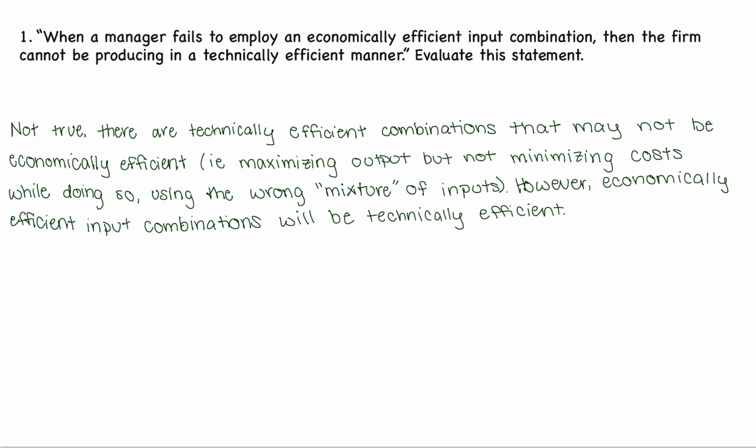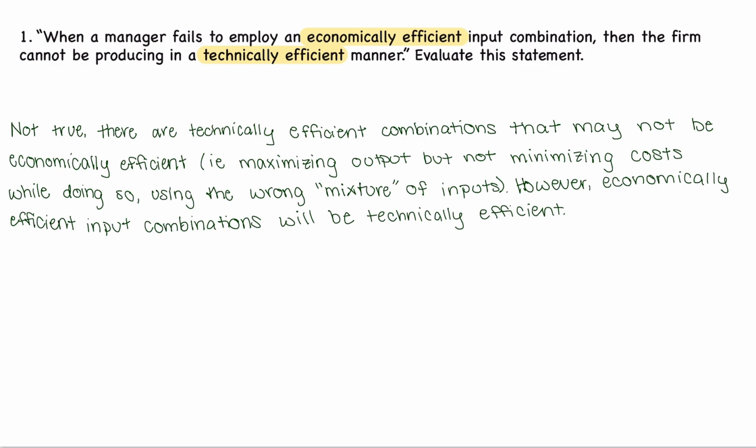So the first one says when a manager fails to employ an economically efficient input combination, then the firm cannot be producing in a technically efficient manner. So economically efficient and technically efficient are not actually the same thing. There are technically efficient combinations that may not be economically efficient. Technically efficient just means that you are maximizing output, but you're not necessarily minimizing costs.